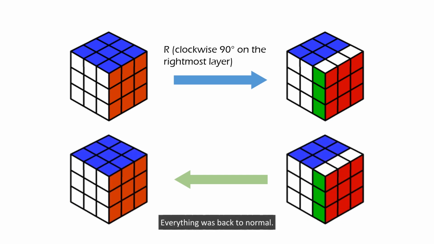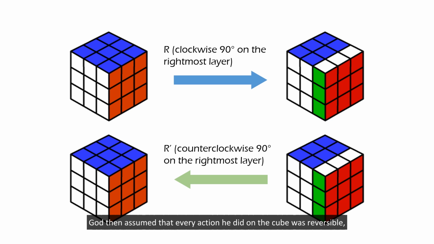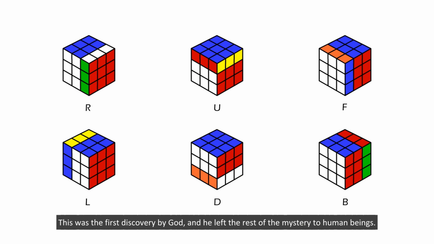Everything was back to normal, and God then assumed that every action he did on the cube is reversible just by simply reversing each step in order. We denote the counterclockwise turn of the rightmost layer as R prime. And this was the first discovery of God, and he left the rest of the mystery to human beings.